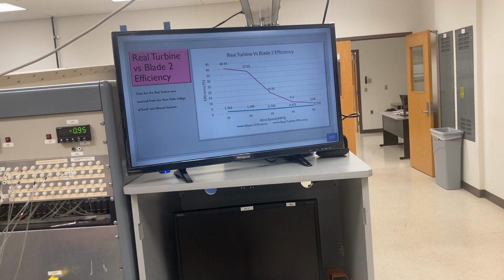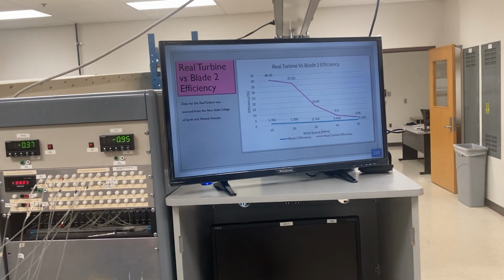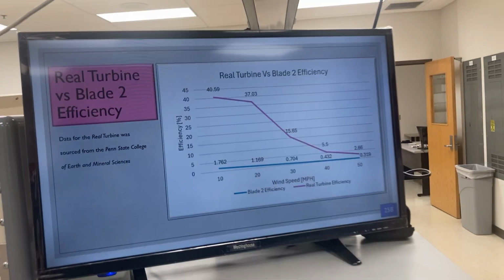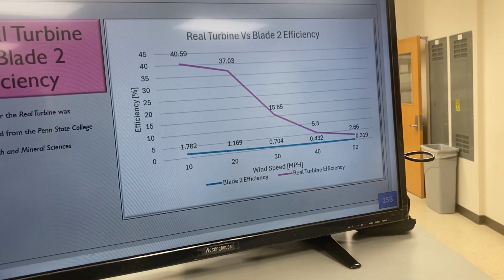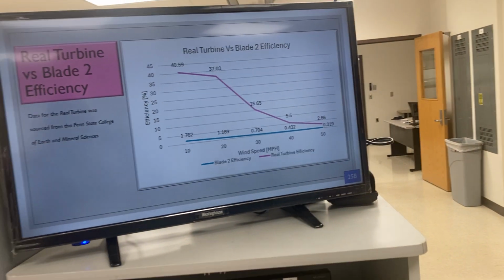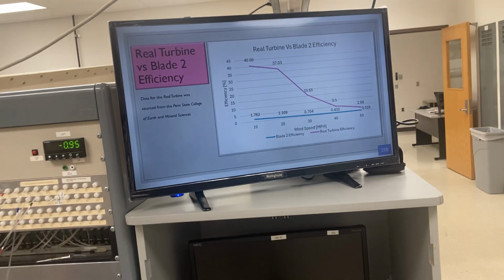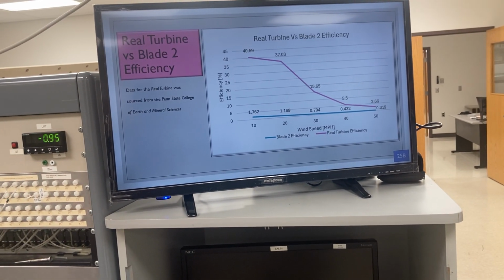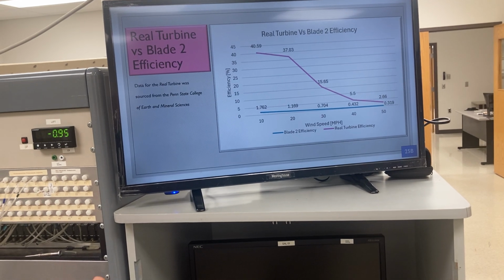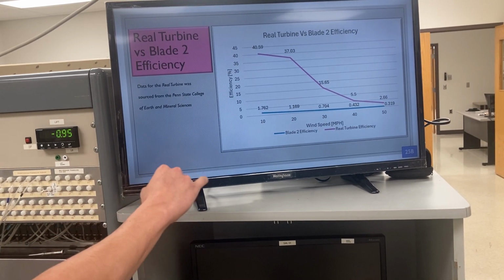And here we used all of the setups, formulas, and equations we had found to apply the same principles to data of a real wind turbine. This turbine had 12 meter long blades instead of 100 millimeter long, and that data was taken from Penn State College.